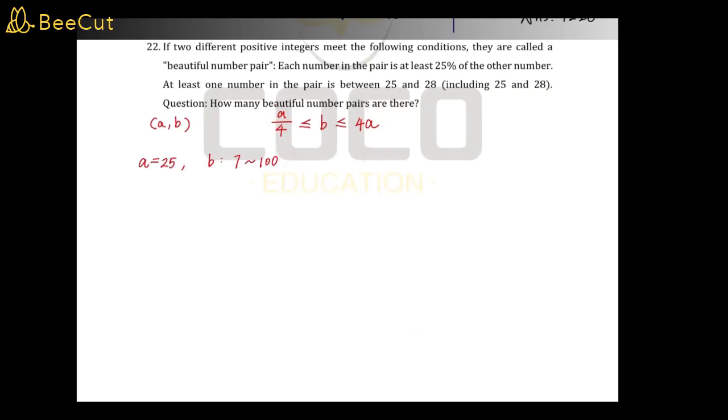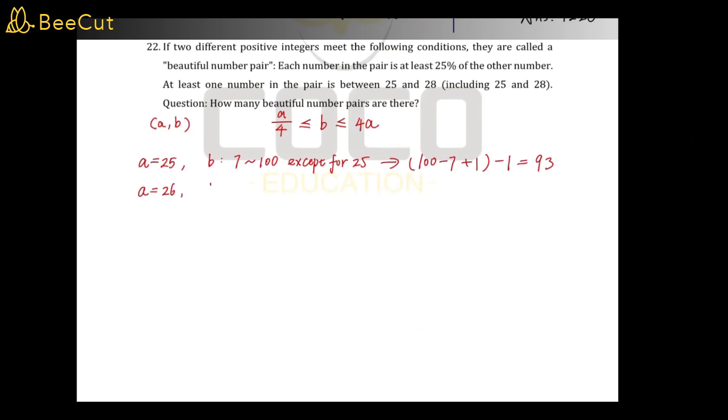And since the numbers cannot be the same, we need to take out the 25. Let's check how many ways there are. From 7 to 100, we get 100 minus 7 plus 1, which is 94 numbers. But we are not counting the number 25, because A and B must be different. So minus 1. Yeah, this is 93 ways.